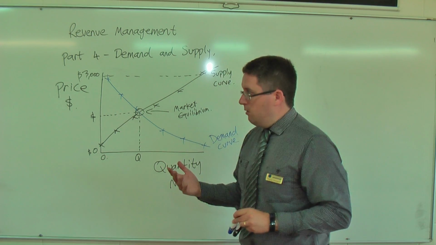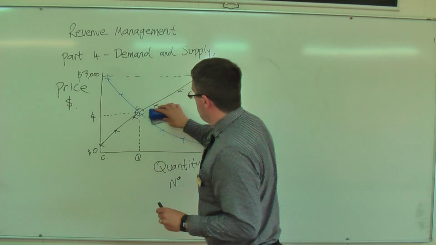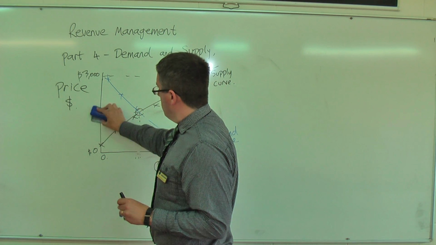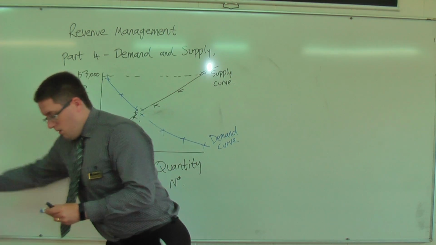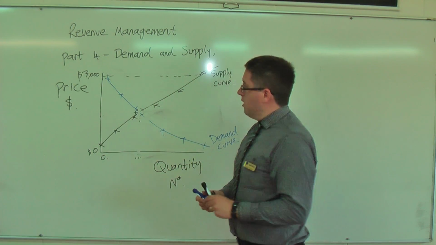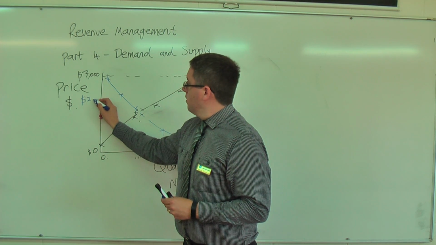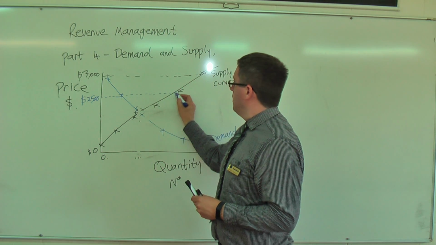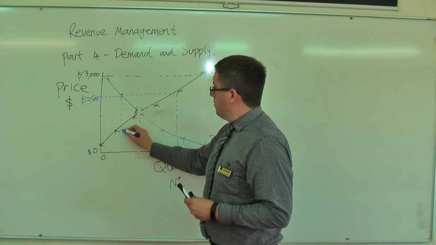Now, sometimes there isn't a market equilibrium. Sometimes things don't quite go right. Sometimes bad market research happens. And sometimes, for example, maybe the price gets set a little bit too high. Maybe initially Apple goes, well, we'll set it at $2,500.